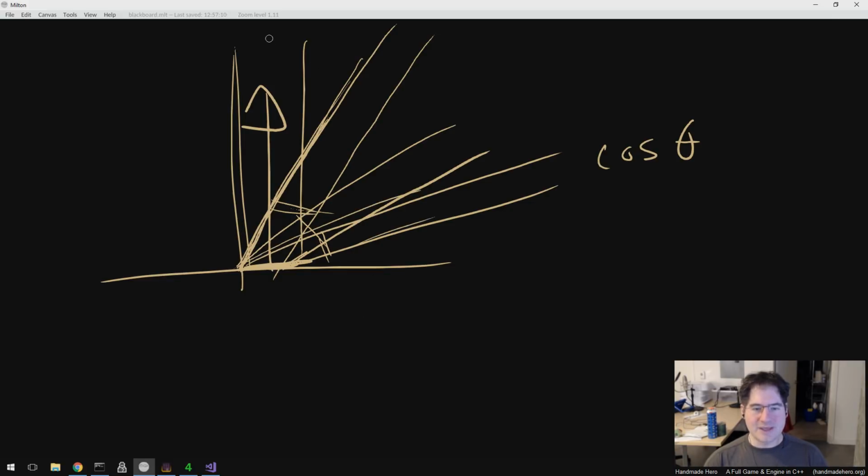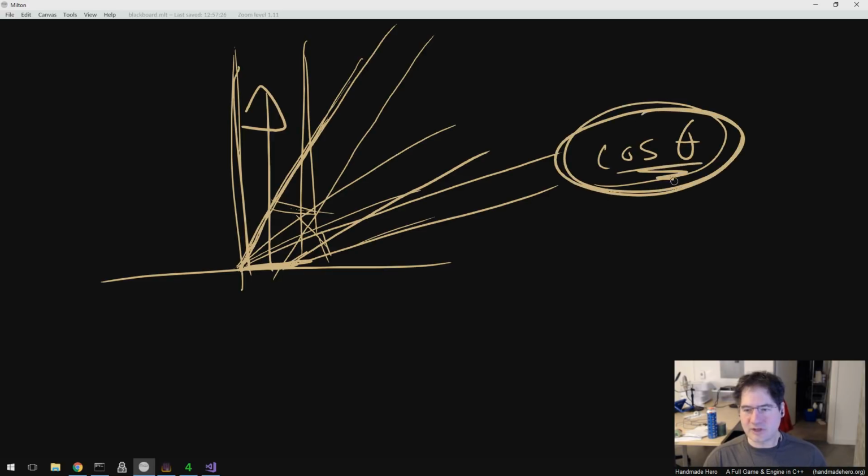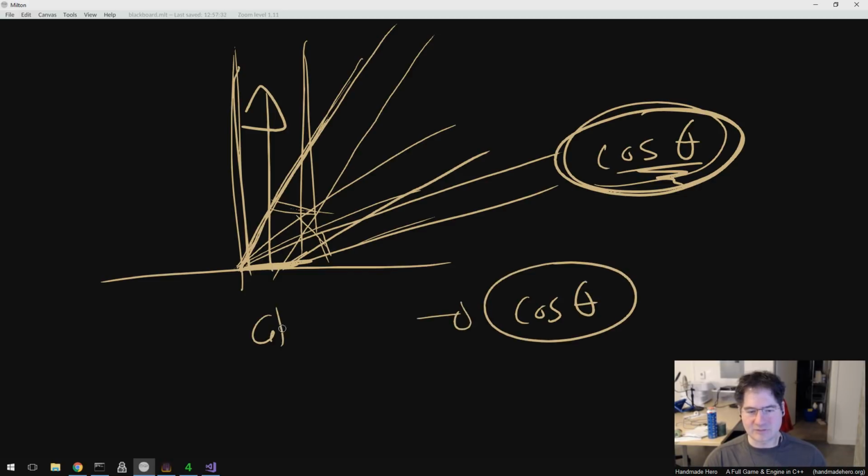So the amount of light transferred from angles that are very sharp to the normal is much less than the amount of light that can be transferred when it's facing dead on. So we already know this cosine term, which we've applied many times before. We usually use the cosine of the angle to attenuate the light source.